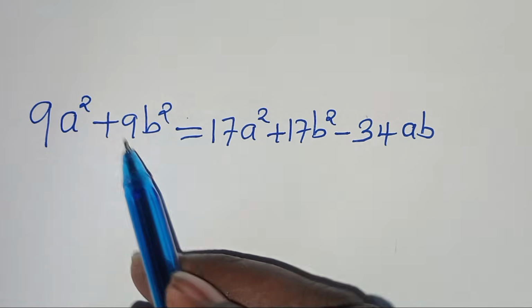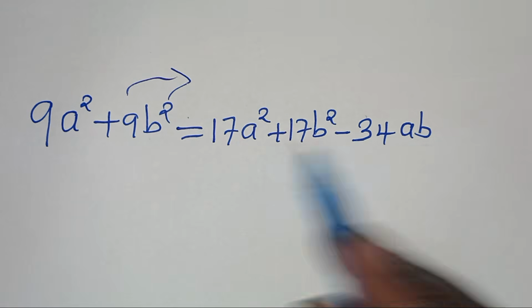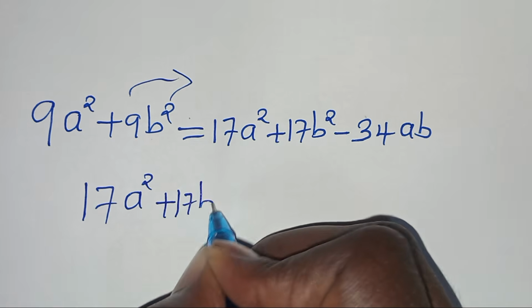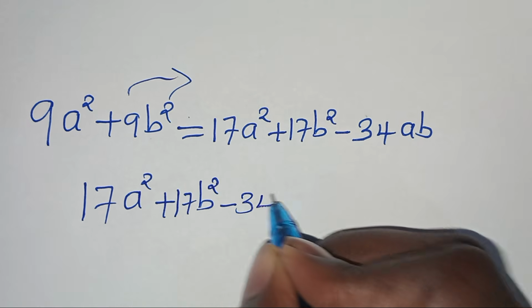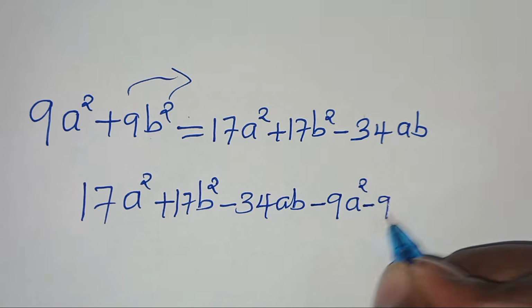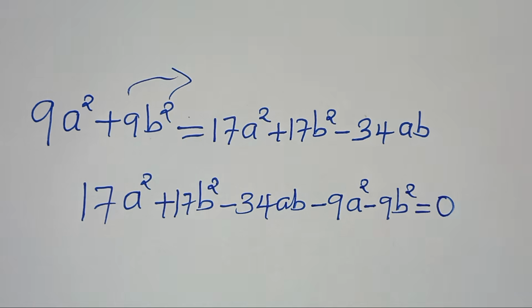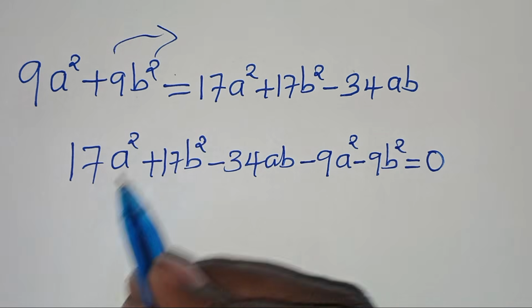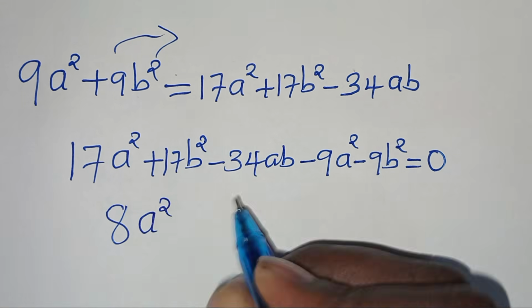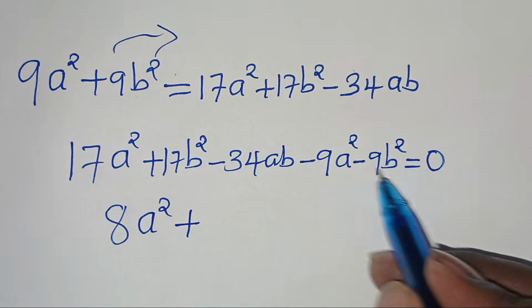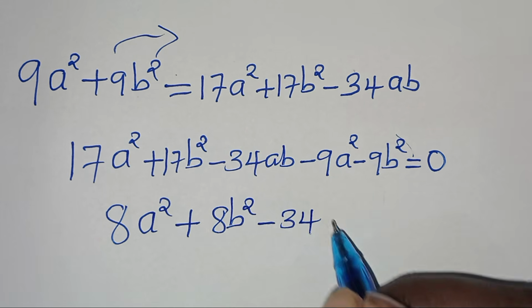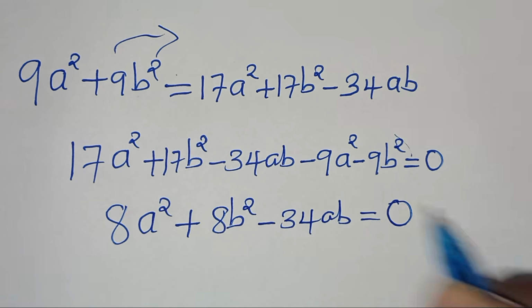Now let's take 9a squared plus 9b squared to the right hand side. So this implies we have 17a squared plus 17b squared minus 34ab minus 9a squared minus 9b squared, which is equal to 0. Now we have 17a squared minus 9a squared, this is the same thing as 8a squared, then plus 17b squared minus 9b squared, this is 8b squared, then subtract 34ab. This is equal to 0.